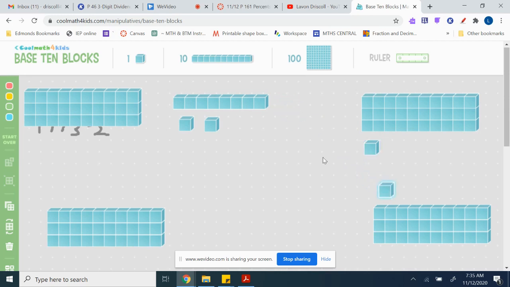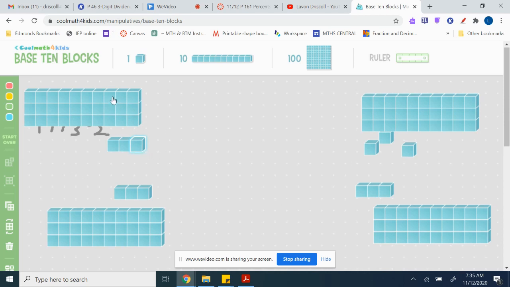1, 2, 3, 4. 1, 2, 3, 4. 1, 2, 3, 4. So now I can look at what I have.